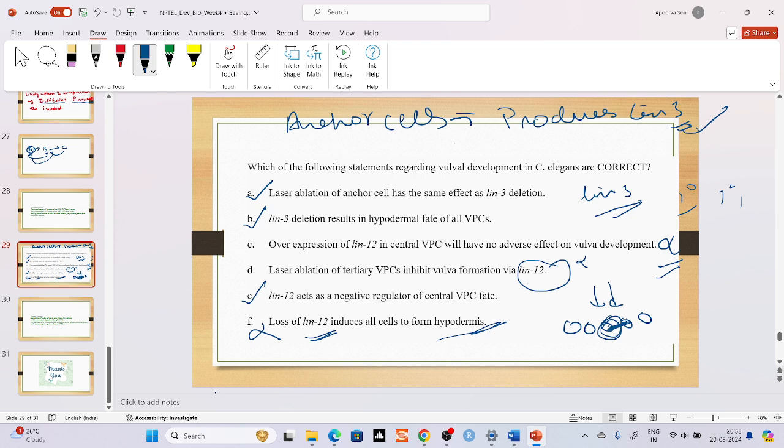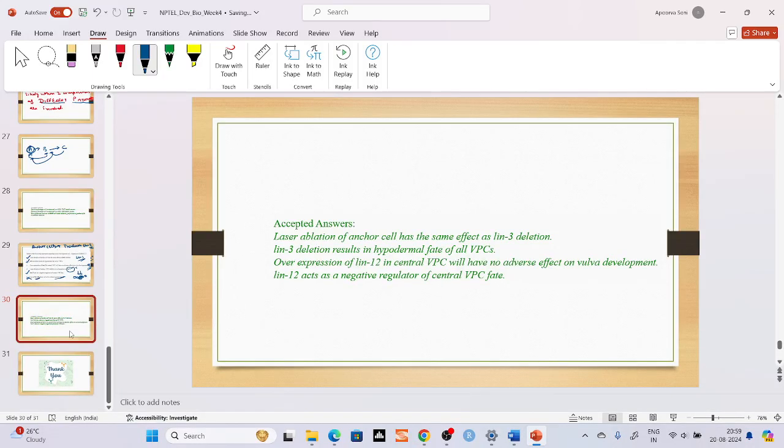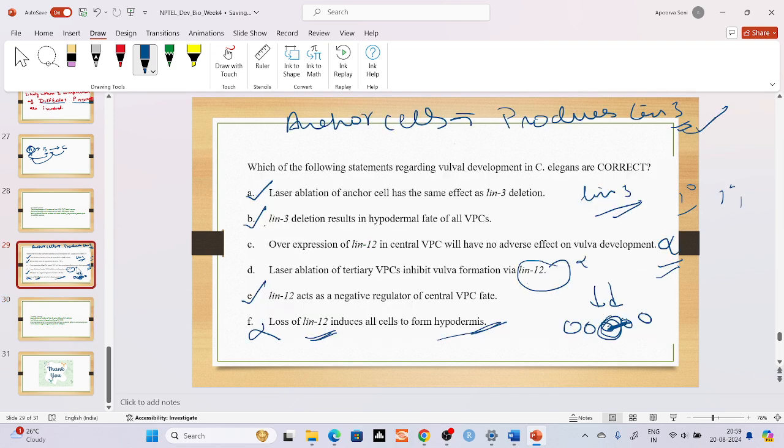So from here, what can we see? First, A is correct, B is correct, E is correct. This is also correct.